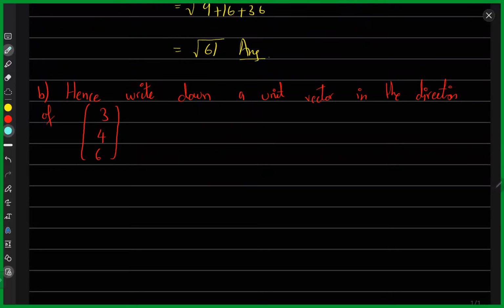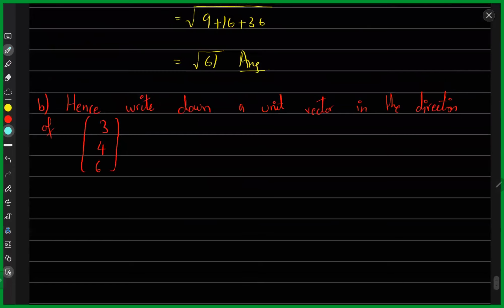Always remember, whenever you have been asked to write down the unit vector, it is just this: if you have the actual vector, you need to divide all the components by the magnitude of the vector. Why are we doing so? We are doing so because a unit vector has magnitude 1.